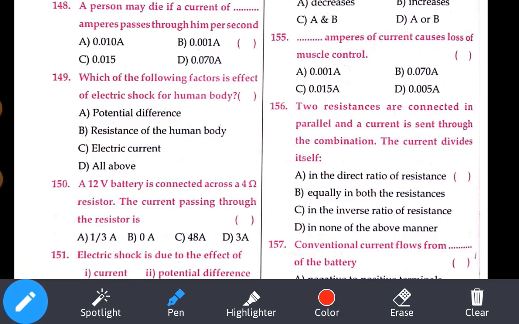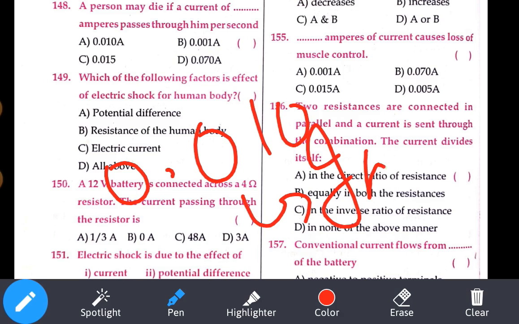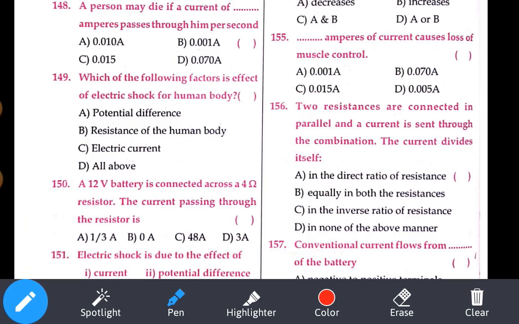Okay, and the next one is 0.010. It is called involuntary muscle contraction. Involuntary muscle contraction means without our knowledge, our muscle gets contracted. Like if you keep a finger into the plug, we may feel that someone has pushed us, right? So it is not in our control.